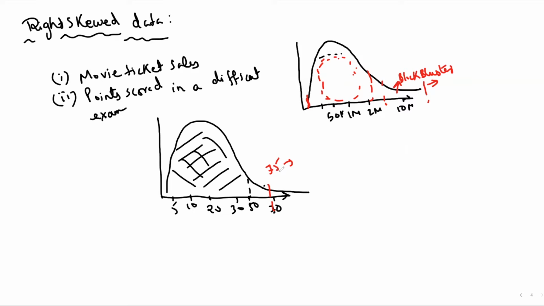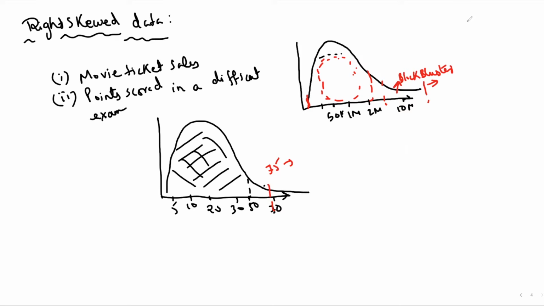They can pass with distinctions, or they can score more than 80, 90. So there will be few in these categories if it's a difficult exam, because not all students may be bright, you know. Most of them will fall in this category. So this is one of the examples of right skewed data.